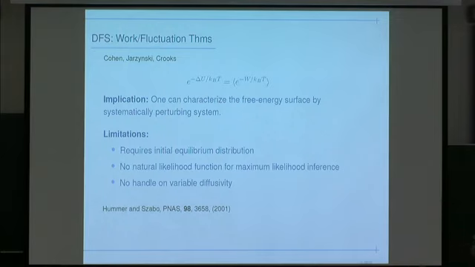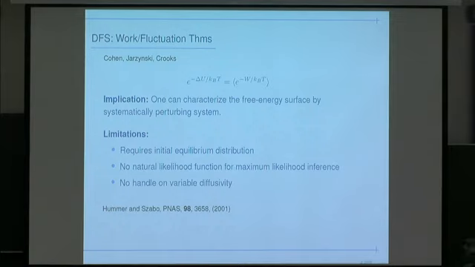There's no likelihood, so there's nothing you can use for uncertainty quantification, okay? And then finally, there's no handle on the diffusivity. This only reconstructs the bond potential, right? It doesn't say anything about how the diffusivity might also depend on the coordinate.